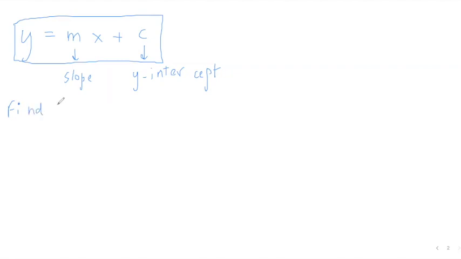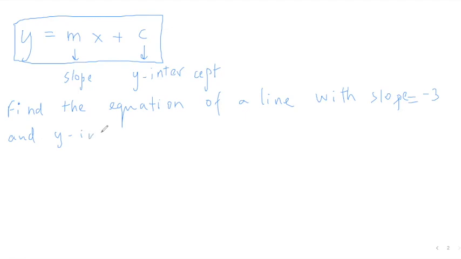Okay, so find the equation of a line with slope equals minus 3 and y-intercept equals 4.